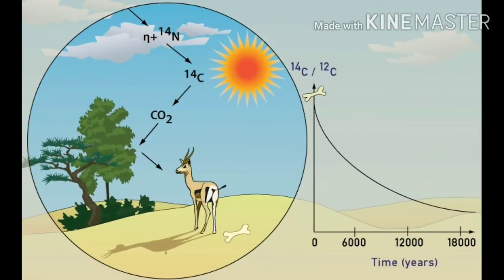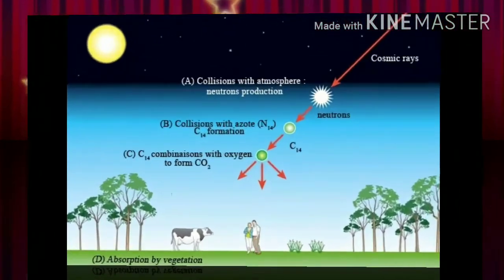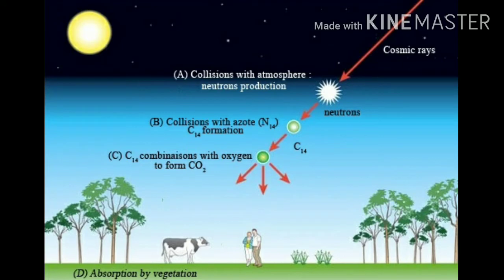There are few other dating methods, but carbon 14 dating method is one of the most frequently used. Once the age of an ancient object is determined with the help of this and other dating methods, it is possible to determine the period of the culture to which these objects belong.